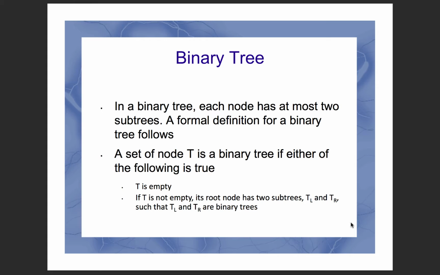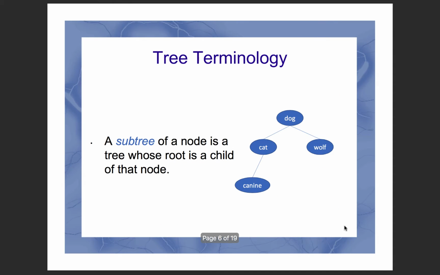So what is the condition? There is no node that has more than two children. If TL and TR are binary trees, then you can call the whole tree a binary tree. So if you go to the previous example, is this one a binary tree or not?